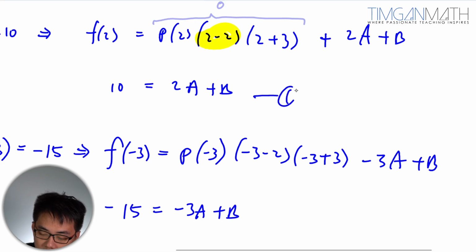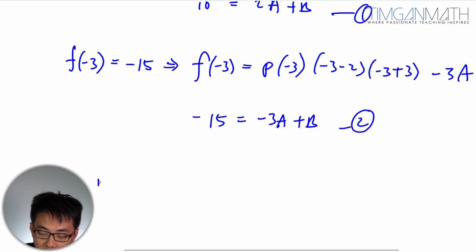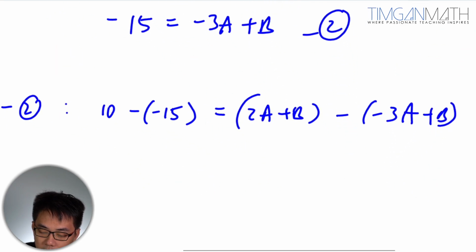So we have equation 1 and equation 2, and simultaneously we can solve this. What I'm going to do is take equation 1 minus equation 2. That will give us 10 minus negative 15, which is 25, and 2a plus b minus (negative 3a plus b) gives us 5a.